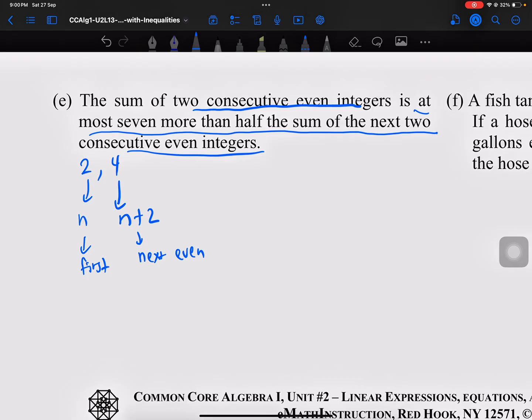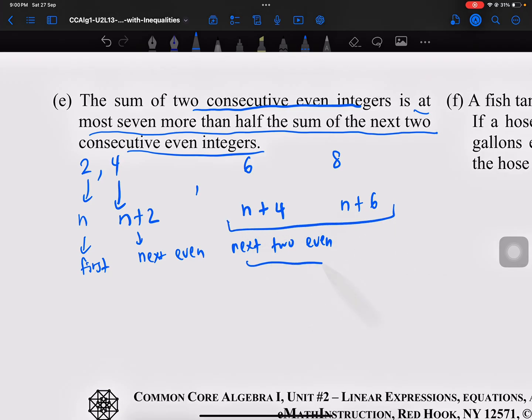So the next two even, meaning n plus 4, 6 and 8. How to get 8 is n plus 6. So this is the next two even.